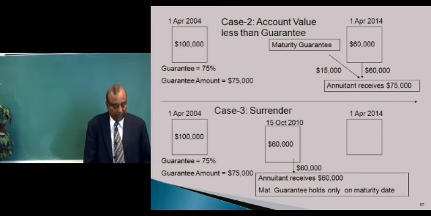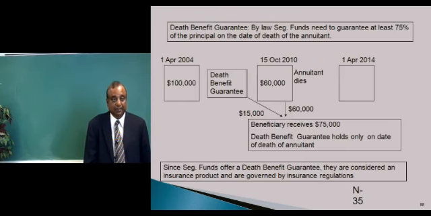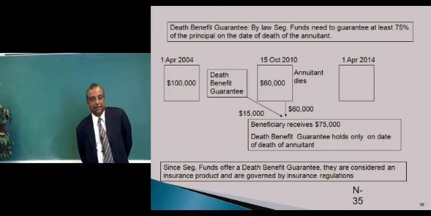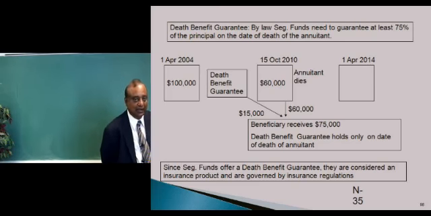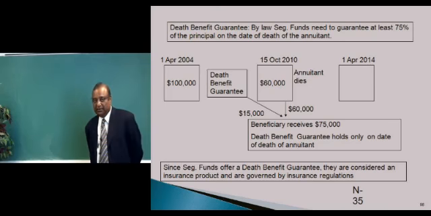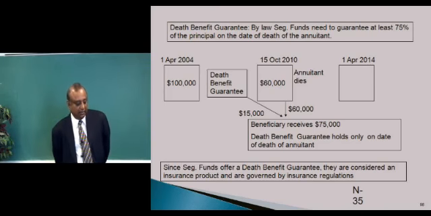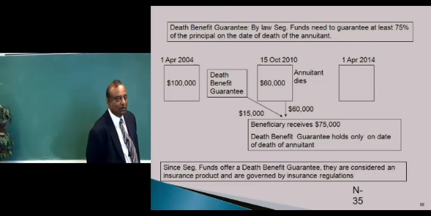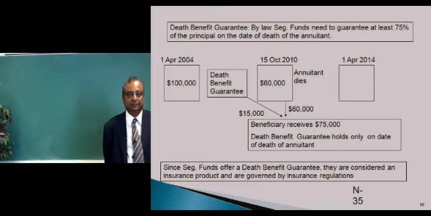Case 4 is the death benefit guarantee. The death benefit guarantee is another guarantee given by the segregated fund. Again, a minimum of 75%. This guarantee holds on the date of death of the annuitant. So let us assume here that on 15th October 2010, the annuitant dies and the account has $60,000.